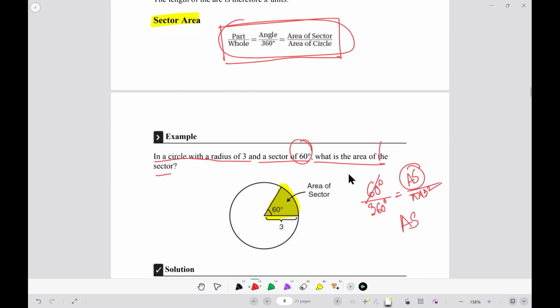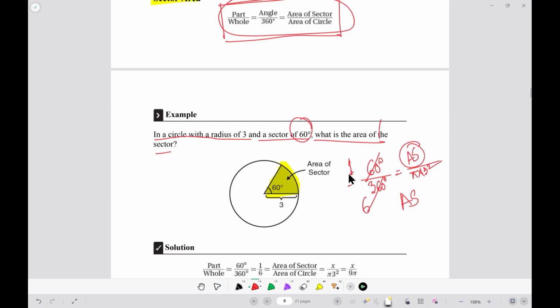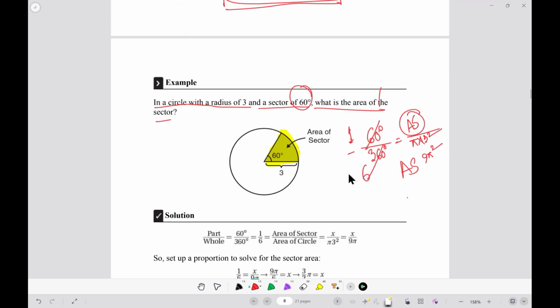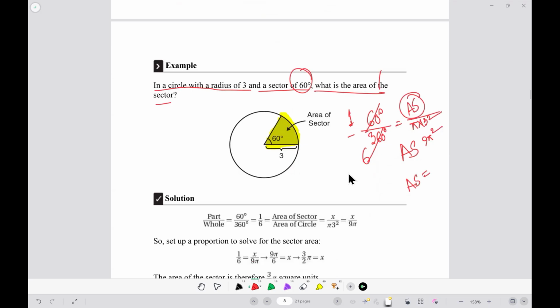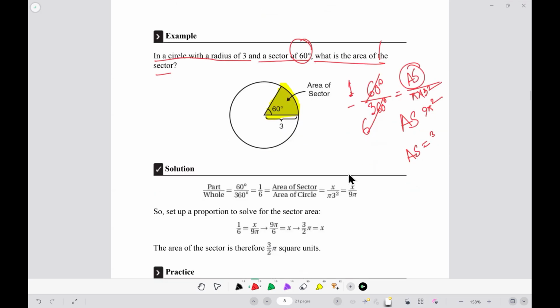This is basically 1 by 6, and this is going to be 9 pi, right? You just cross multiply and then divide. You get AS equals 3 by 2 pi. This is quite simple.